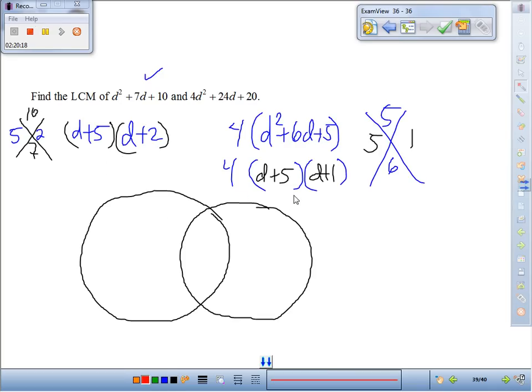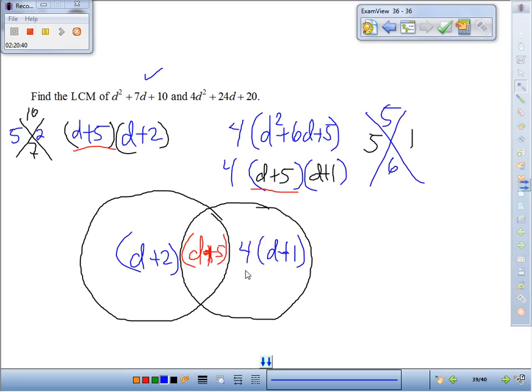So what's the same here and here? D plus 5, that's our GCF. D plus 5. What's left on this one? D plus 2. What's left over here? 4 times D plus 1. Right? Here's the 4. Here's D plus 1.